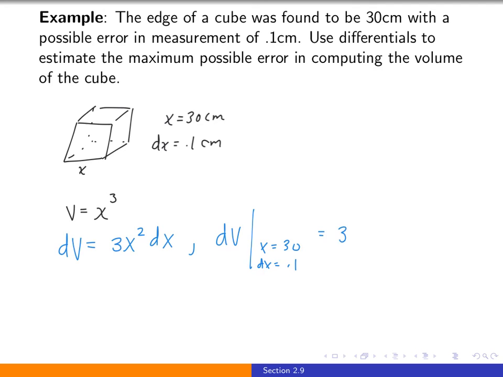So we substitute in x equals 30 and dx is 0.1. So that will end up being 2,700 divided by 10, which is 270. And the units to go with this will be cubic centimeters. So if we change the length of one side of the cube by at most 0.1 centimeters, the volume of the cube can change approximately up to 270 cubic centimeters. So a very interesting example.